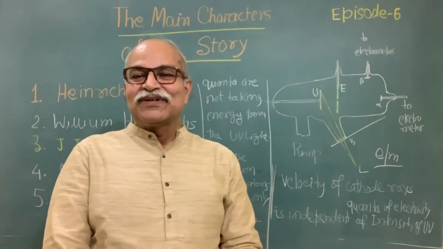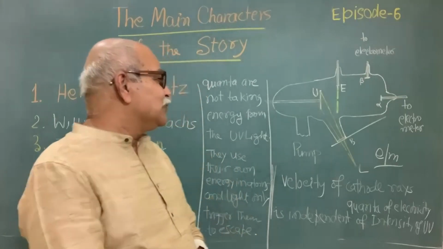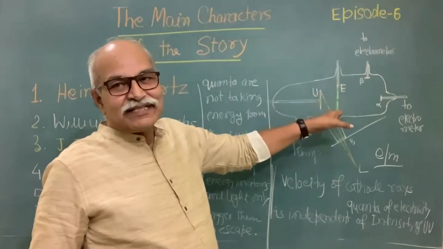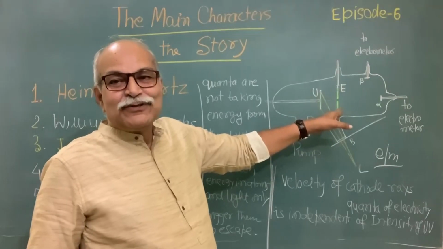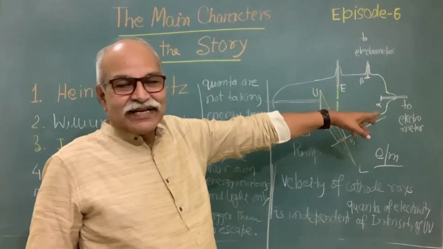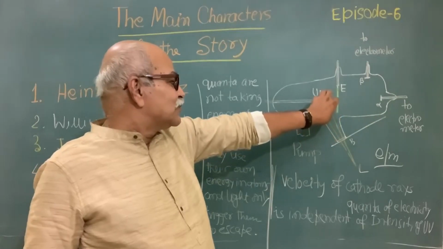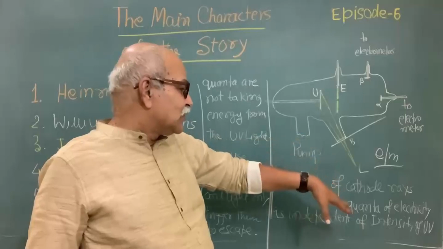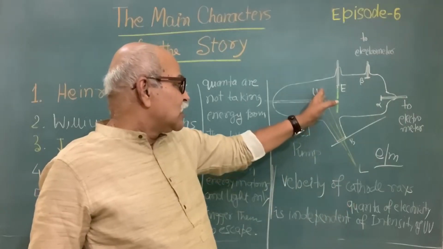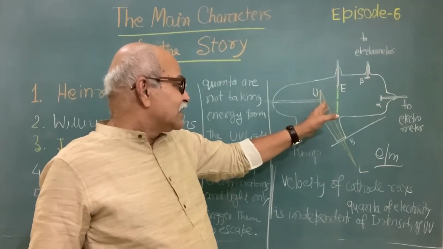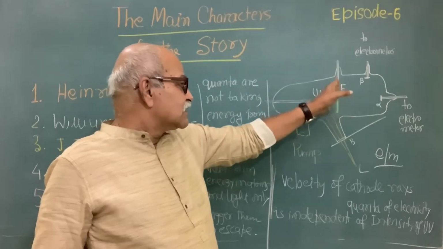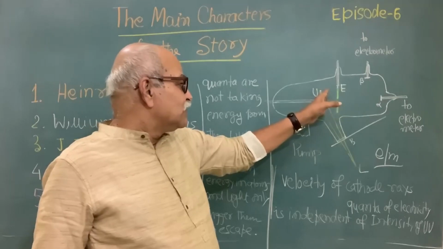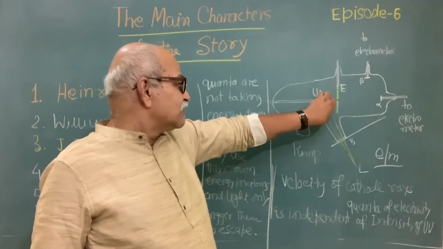And another observation is that if you increase this voltage, finally it goes to a saturation current. So that is understandable, because once these quanta or electrons, which we call today electrons, come out from here, then if this potential is not high, some of them will just make a charge here and they will stay here.